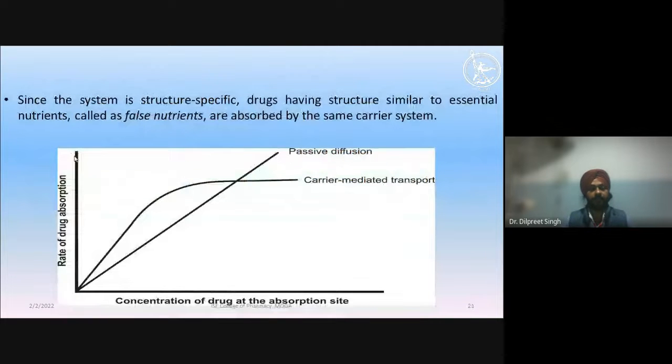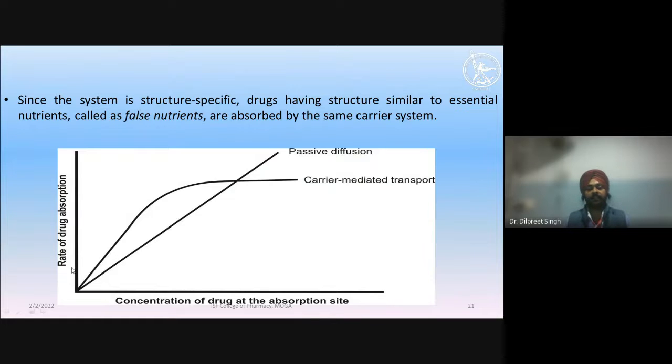This chart depicts that absorption in different carrier systems is either saturated or non-saturated according to the absorption behavior of the drug. When we talk about carrier mediated transport, these are saturable pathways mediated through carriers. At a particular time, the enzymes or the system are saturated, absorption declines, and then elimination starts.